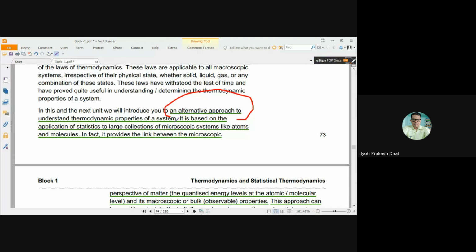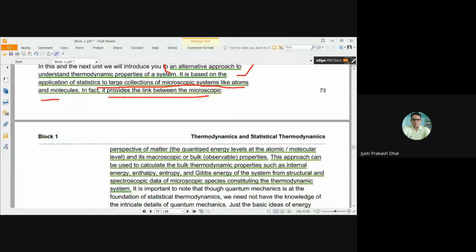It is based on the application of statistics for a large collection of microscopic systems like atoms and molecules. In fact, it provides the link between the microscopic perspective of matter and the macroscopic, that is, bulk properties.